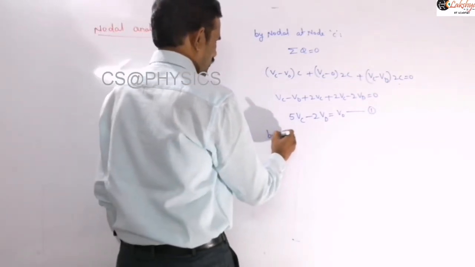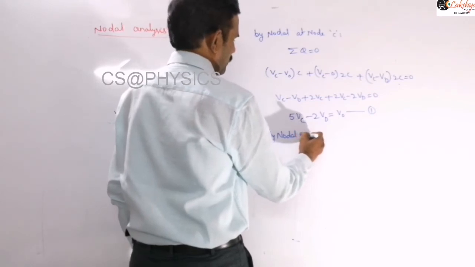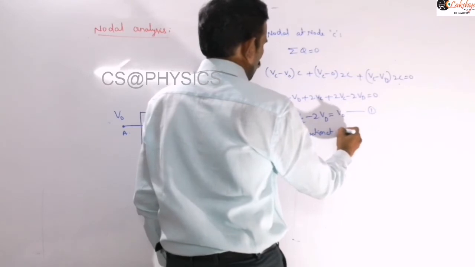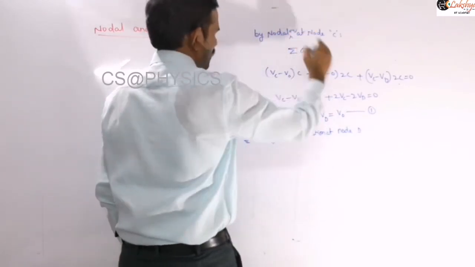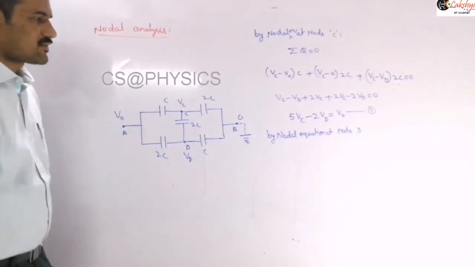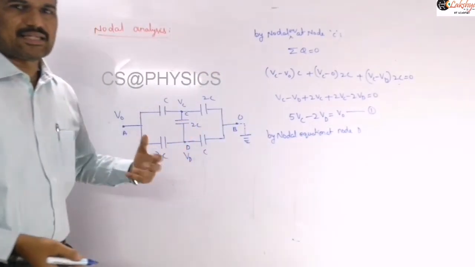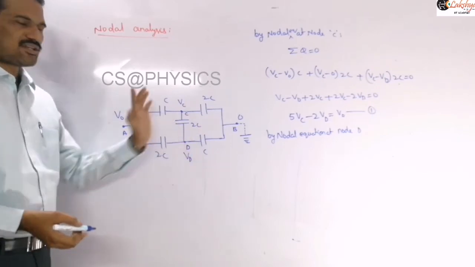By nodal equation at node D, the same process applies. Now we need to assume that D has a higher potential, so the charge is flowing along this direction, this direction and this direction.